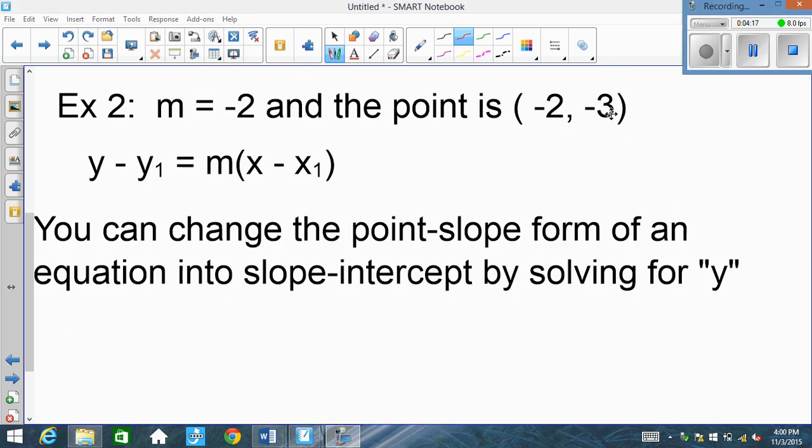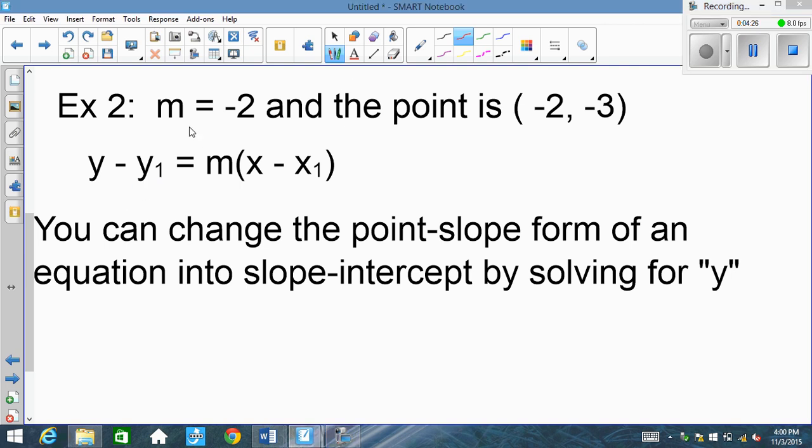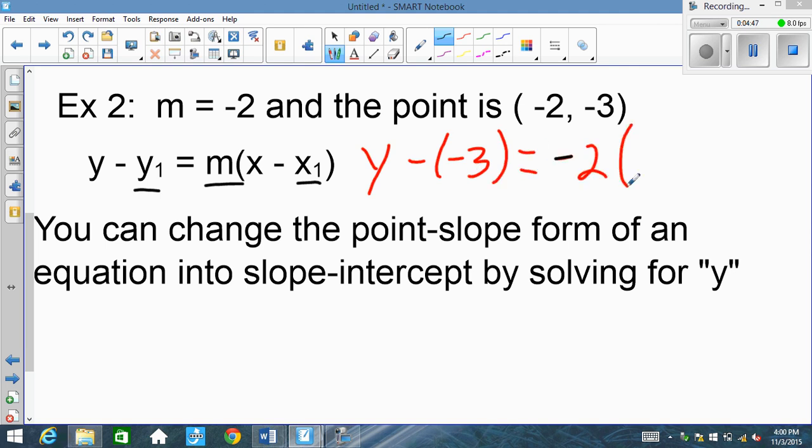In example number 2 here, I gave you the slope is -2 and the point is -2, -3. Again, all you've got to do is replace the y, the m, and the x. But remember, you're replacing the variables, not the subtractions. So this would be y minus -3 equals -2 for the slope, x minus the -2.